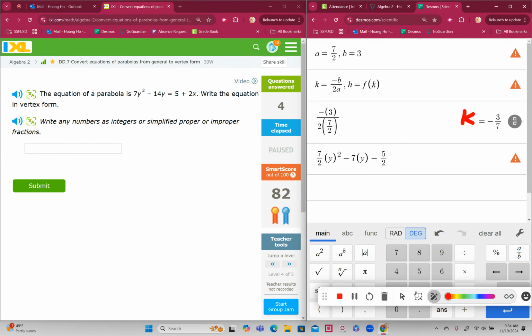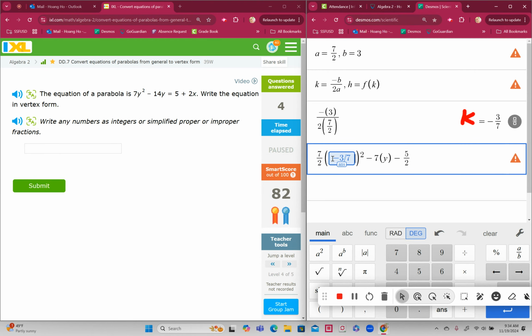Instead of y, I put answer, so it will substitute negative 3 over 7. The value of h happens to be 8 over 7. It's not a big deal.